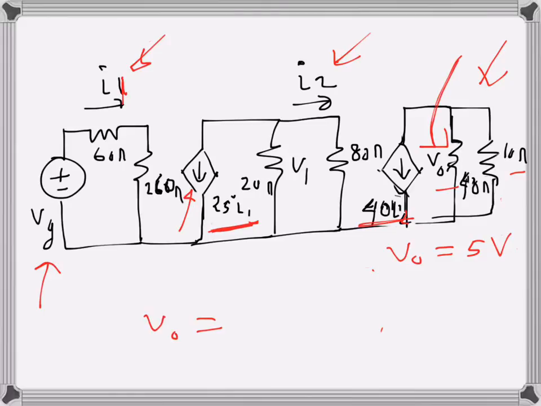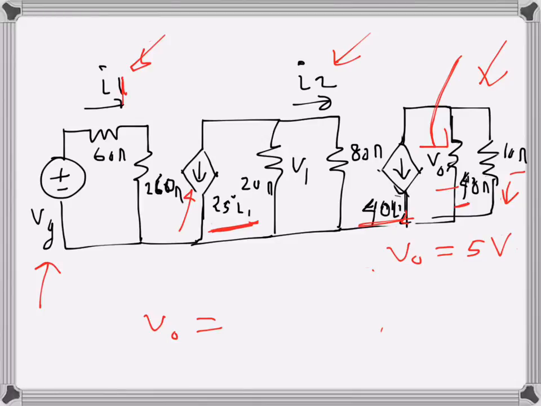If we apply the current divider rule, V0 will be the current through the 40 ohms resistance times 40, or the current through the 10 ohms resistance times 10.